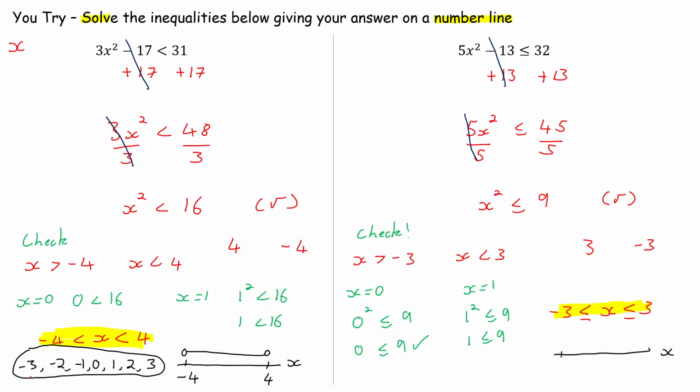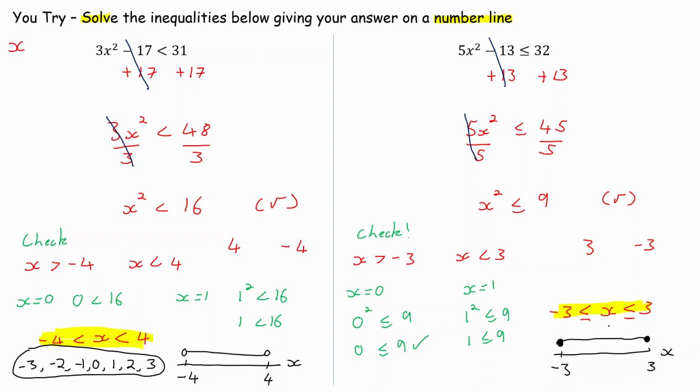Okay, and then let's just go and fill in our numbers. So it's got to be minus 3 down here and 3 over here. It's going to be bigger than or equal to minus 3, so we get a filled in circle, and less than or equal to 3, so a filled in circle. And we go and join those two together. And that's it.